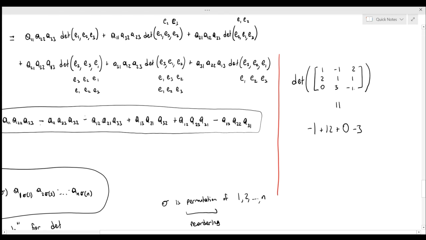So the product is 2, so I'm going to have minus 2. And then finally, this last one that's being subtracted is A13, so this one, and then A22 and A31. So minus this product, so minus 0. And then adding all of that up, it's going to be 6 altogether. Okay?